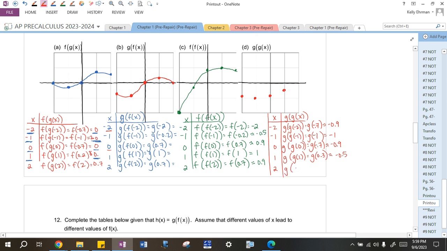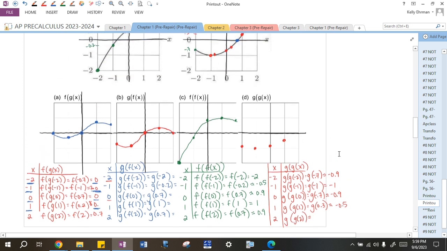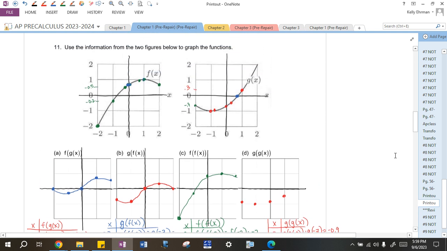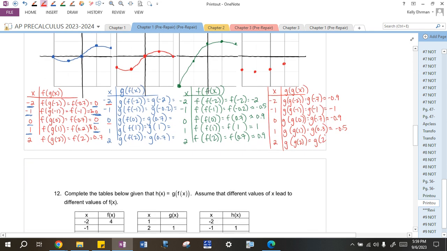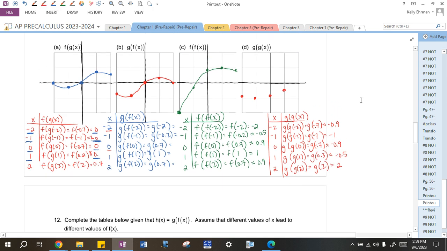And last one on this page, g of 2. When you're at 2, g is at 2. And again, when you're at 2, g is at 2. So we can plot 2, 2. This one's sort of a strange thing going like that.